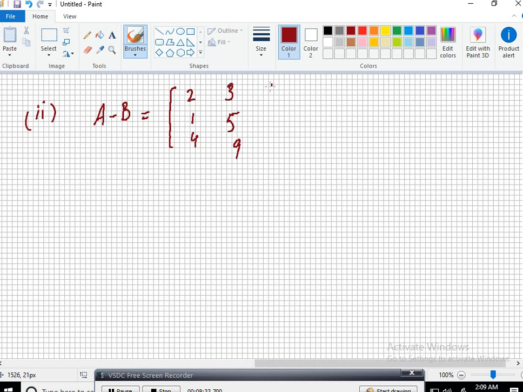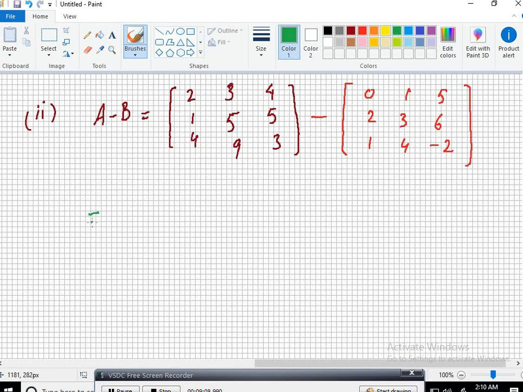And now let's add them. Corresponding entries will add with each other. This element will be added with this one, 2 plus 0. This second element will be added to the second one, 3 plus 1.